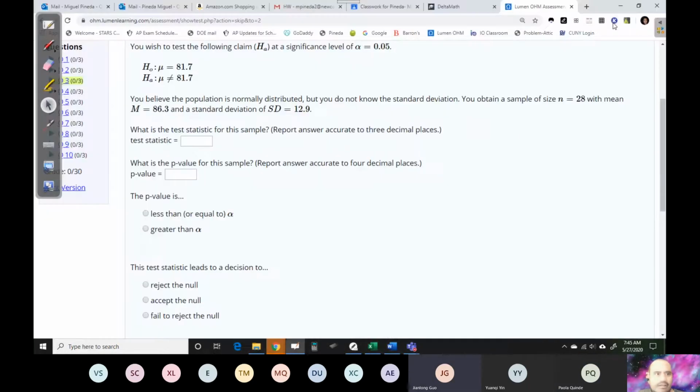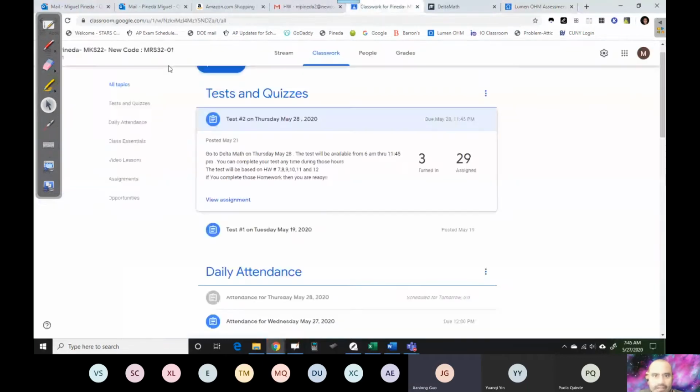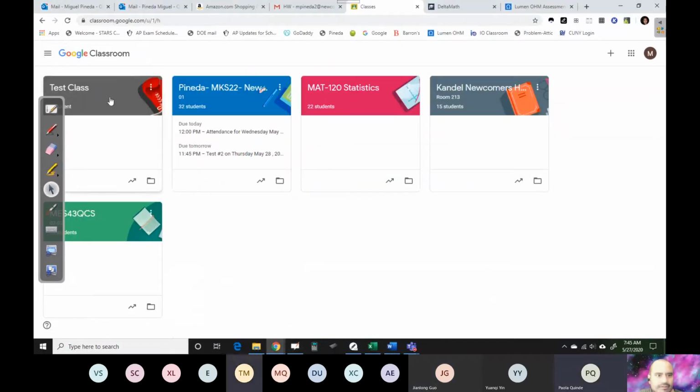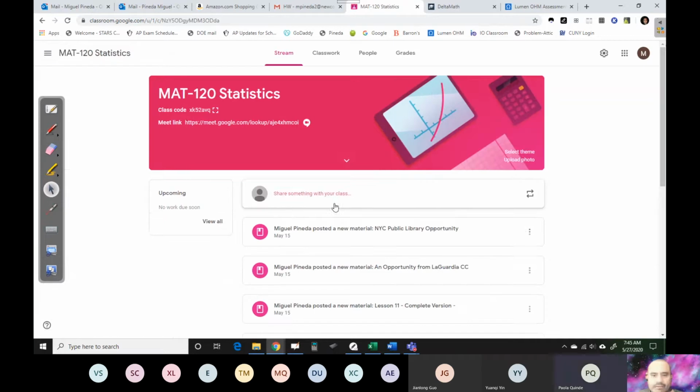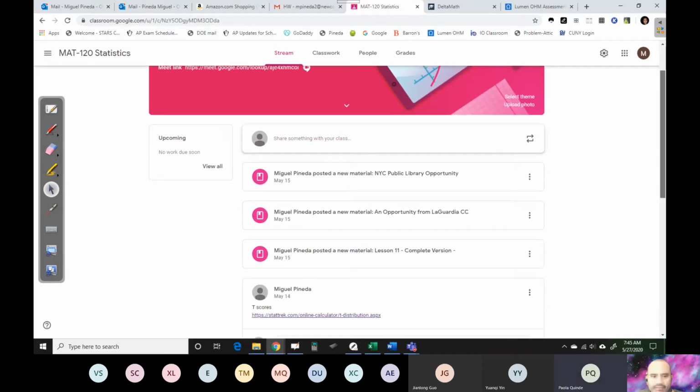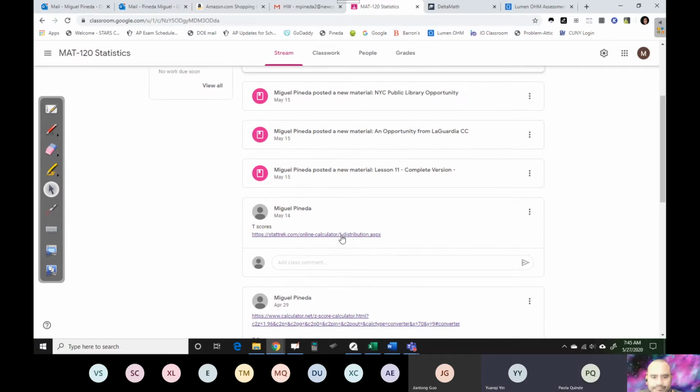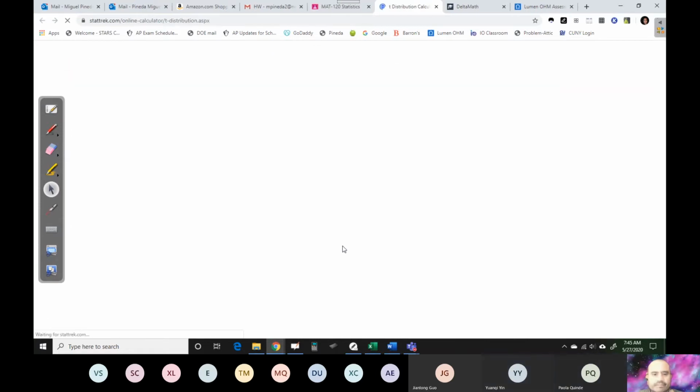Let's see if I have it. That I didn't have. Maybe I have it ready here. That's not the class, but we can look for your class. Okay, that is your class, and we want to find t values, t scores. I think that's the one. Let me see.